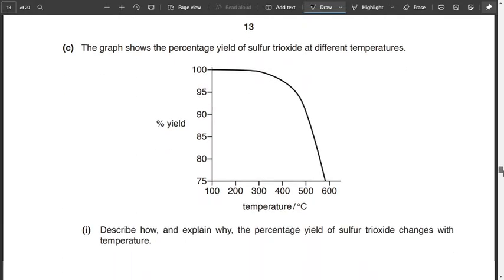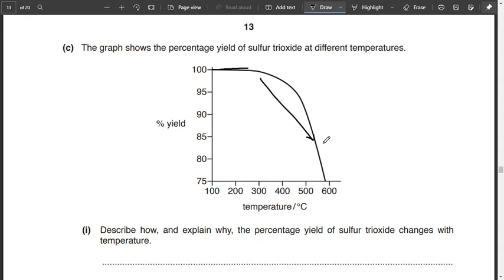Moving on to part C, the graph shows the percentage yield of sulfur trioxide at different temperatures. Describe how and explain why the percentage yield of sulfur trioxide changes with temperature. There is very little change at low temperatures. At higher temperatures, however, the yield decreases as the temperature increases.